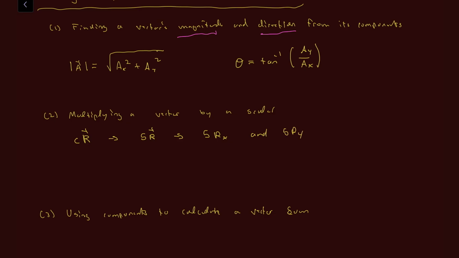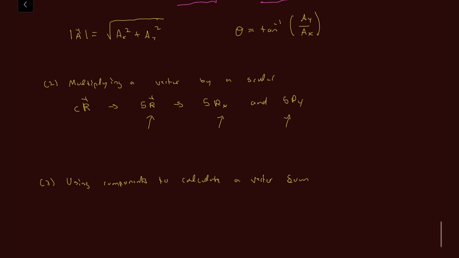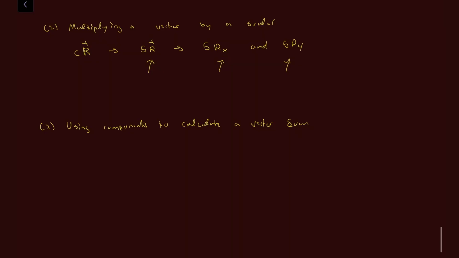This is to say that when you multiply a scalar to a vector, you also multiply that scalar to its vector components. Now, there's actually a better way to illustrate this example, but in order to do that, we need to introduce unit vectors, which we will do in section 1.9. But for now, I hope that is slightly understandable.